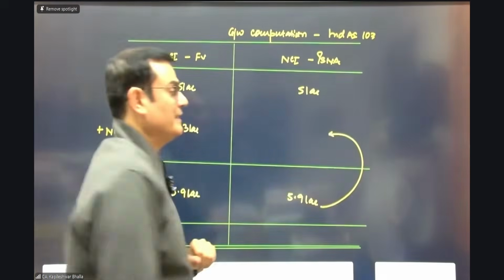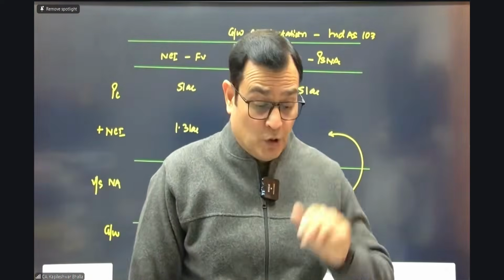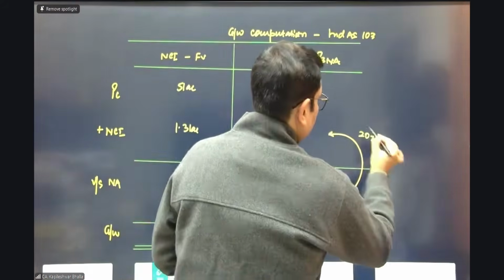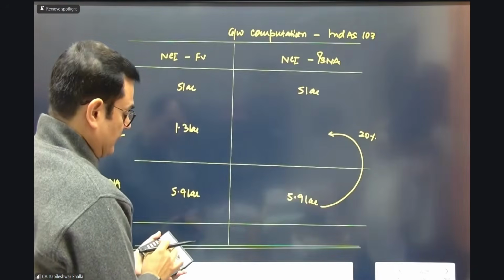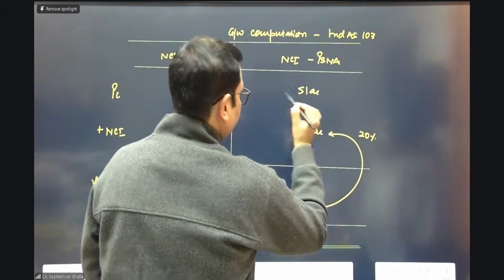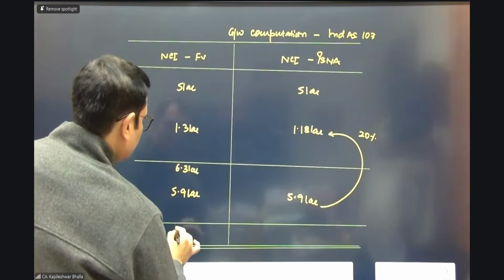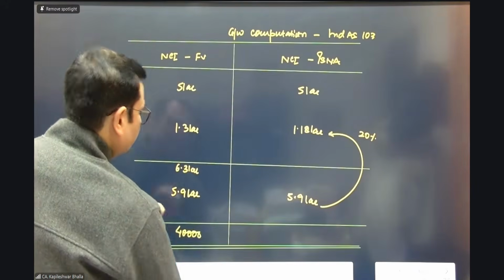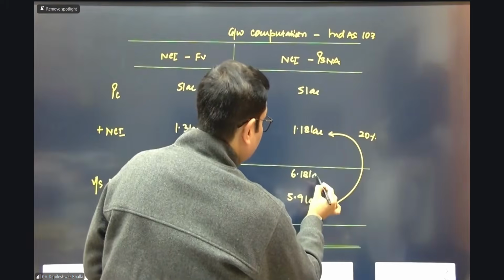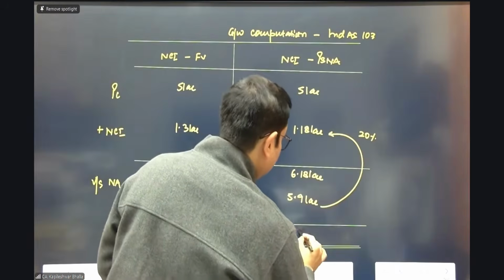When the NCI is taken at PASNA, it is 20% of the net assets. So 5 lakh 90 into 20% would mean 1.18 lakhs. So this comes to 6.3 lakhs, and goodwill is supposed to be 40,000. And this is going to be 6.18 lakhs, and the goodwill is supposed to be 28,000.